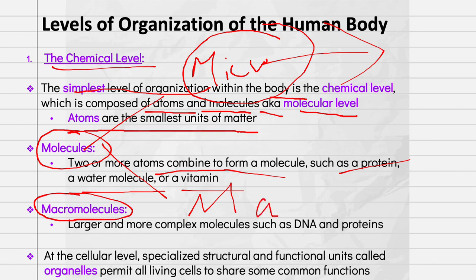These are the complex molecules such as DNA, proteins, glucose, fatty acids. These have complex structures and they are made up of multiple atoms and even multiple molecules. So they are studied as macromolecules.